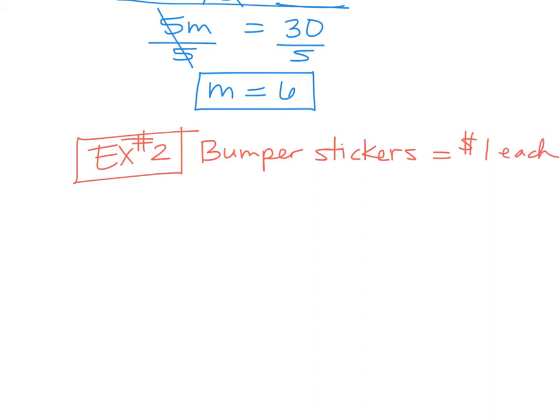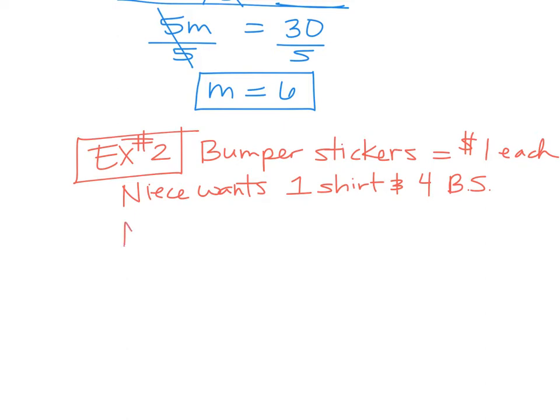Okay. Her niece wants one shirt and 4 bumper stickers, which I'm going to just abbreviate as BS, okay? Not that kind of BS.